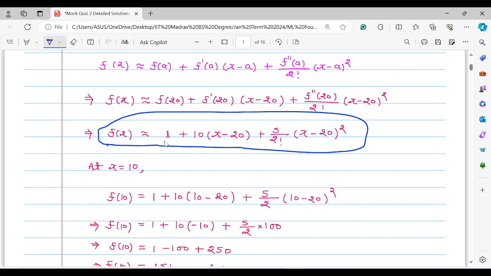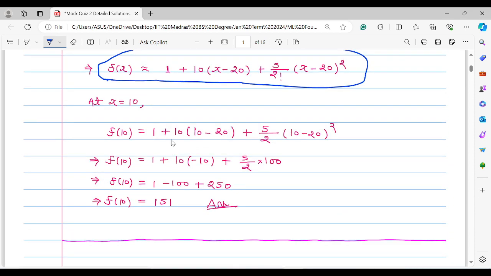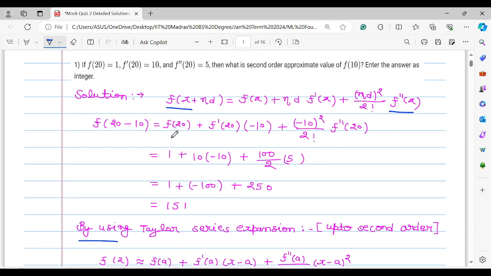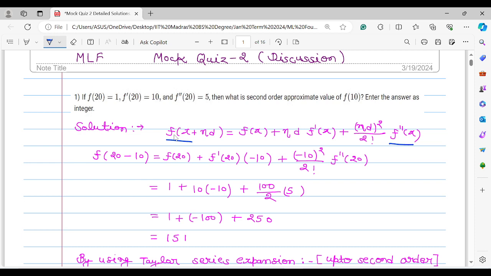So simply substitute x equal to 10 and simplify the expression, and we will get 151, which is exactly the same as we have done previously. Okay, so you can also try, but I will suggest use this method because in the lectures it was mentioned.